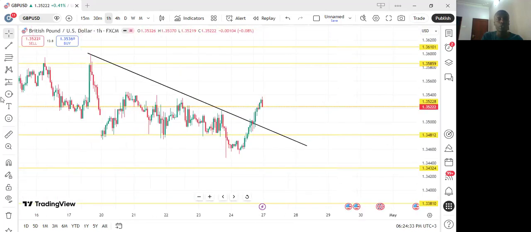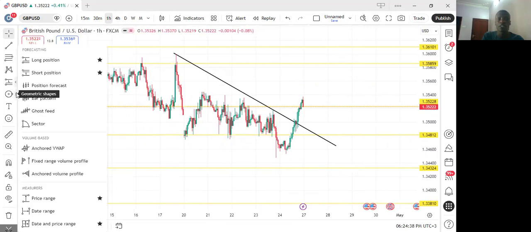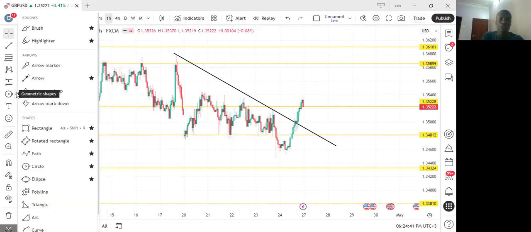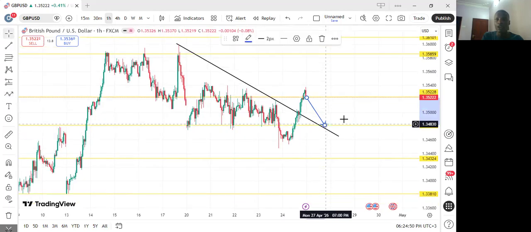If the market can pull down, this market we just anticipate and we trade what we see. If the market can pull down up to here, from this area I'll be looking for buys.